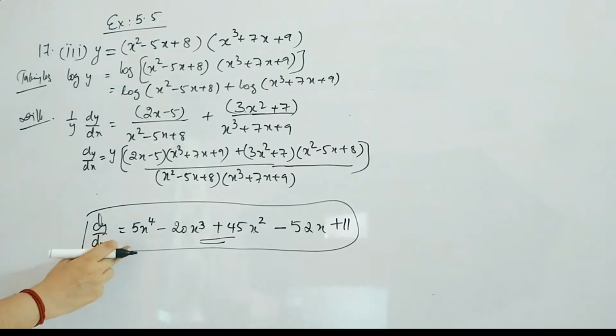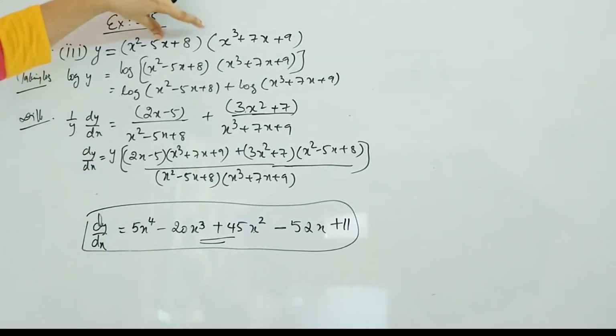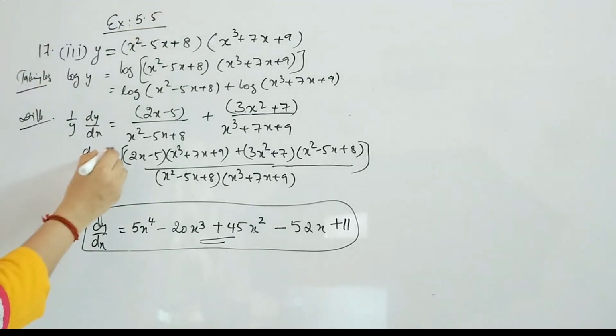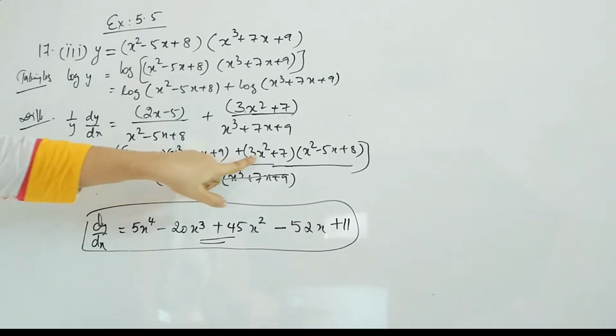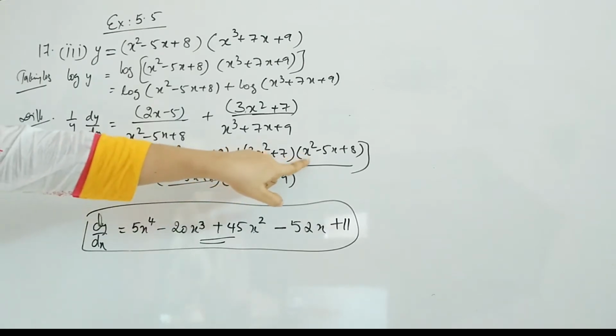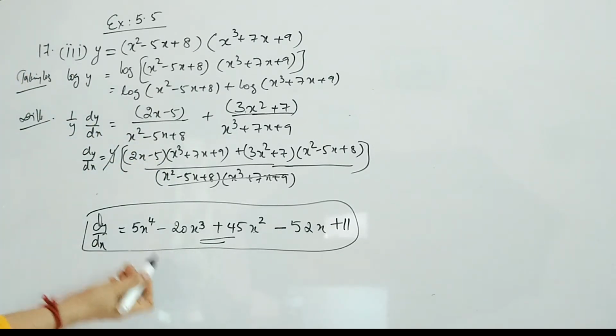Right? Okay. So now if you replace your y with the value which they have given, this is the product of the two, the denominator and y will get cancelled. That means you are getting only 2x minus 5 into x cube plus 7x plus 9 plus 3x square plus 7 into x square minus 5x plus 8. And the product of these two only we took in the first one, which we got to be like this. So the answer for this is also the same.